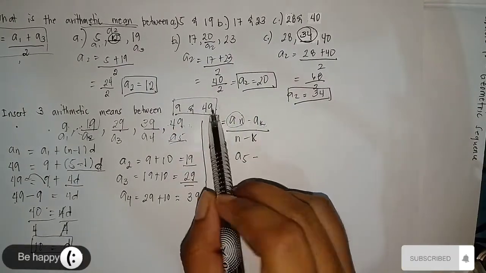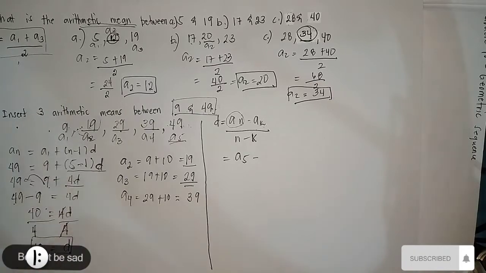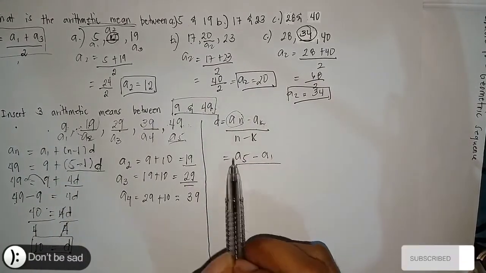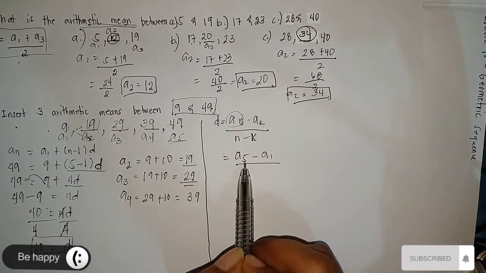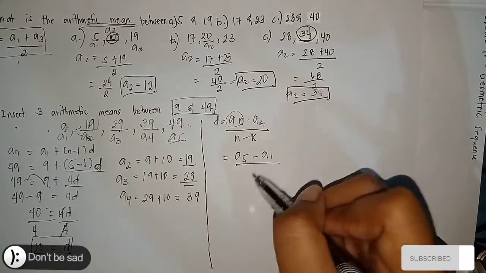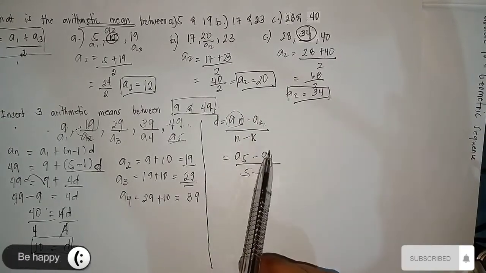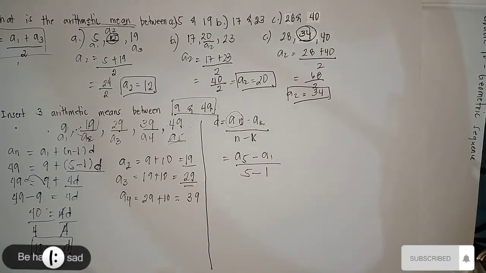So, a sub 5 to kasi 3 yung arithmetic means na kailangan natin i-insert. Minus a sub 1 over, ano ba ang nilagay natin na n dito? Diba 5? So, we have n as 5 as well. Minus, ano yung nakalagay na k dito? Diba 1? Therefore, that is 5 minus 1. Okay?